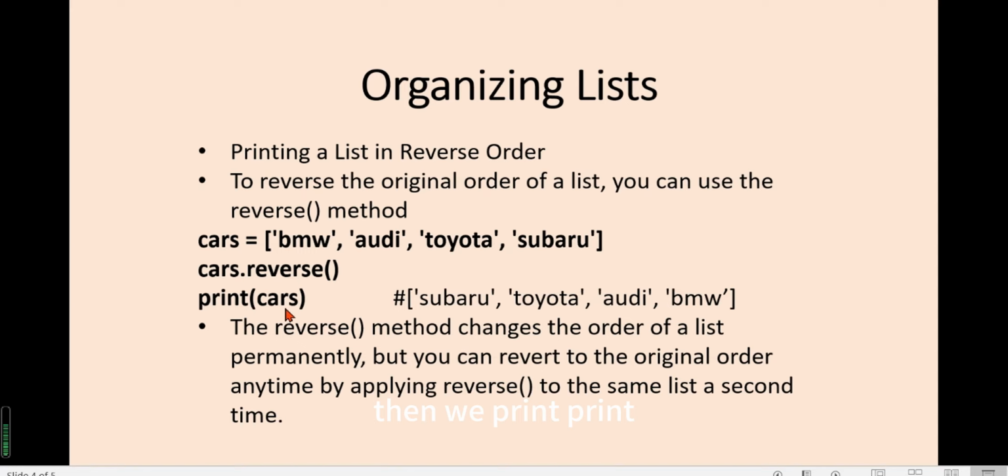Then we print class, and we see the order of the items is reversed. So the Subaru is the first item in class now, but the BMW is the last one. Note that the reverse method changes the order of a list permanently, but you can revert to the original order anytime by applying reverse again to the same list a second time.